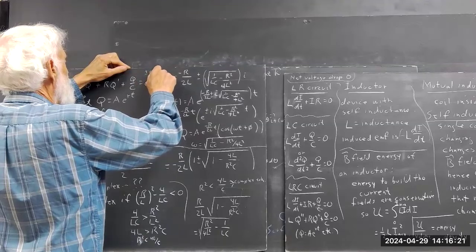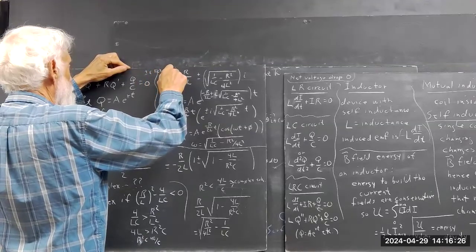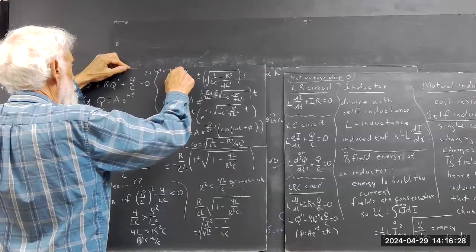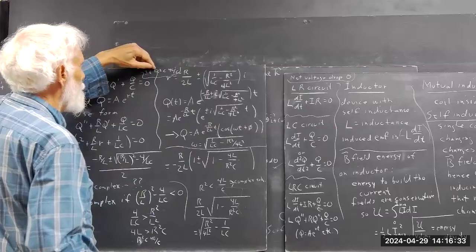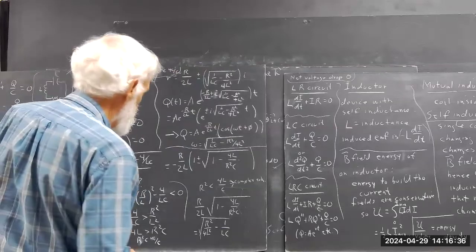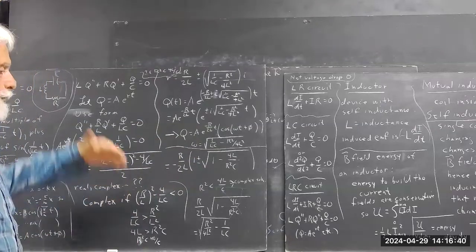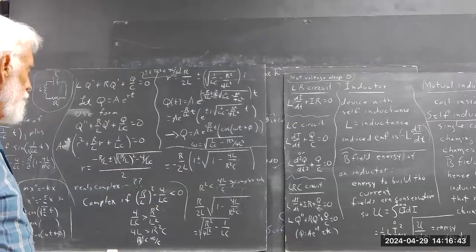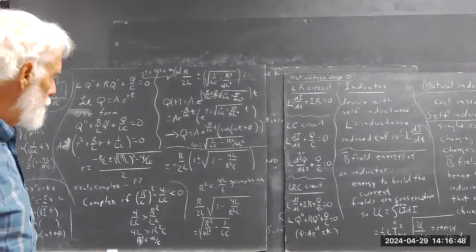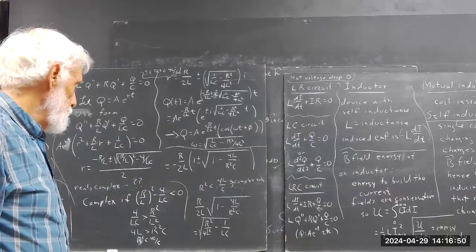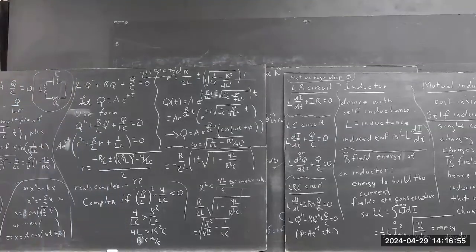Let me write it: if R squared is less than 4L over C, here's what happens. In other cases, this is real, and it's some kind of a decreasing exponential or exponential-like function. Then again, try to observe a lot of this in lab Friday.